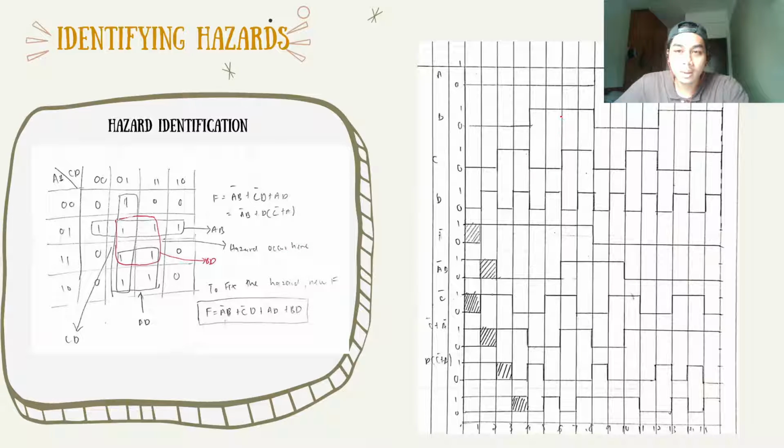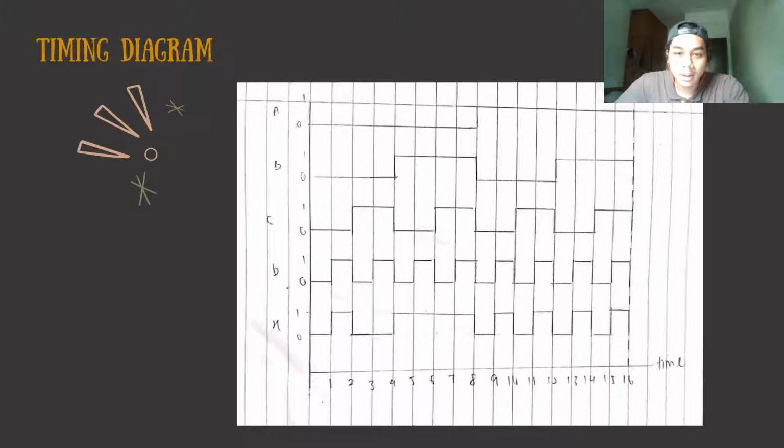This is the timing diagram when the hazard happens, before I add this form. We have the inputs A, B, C, D, and the output A bar B C D bar plus A bar D bracket C bar plus A. For this final output, as you can see here, it is different from the previous timing diagram.